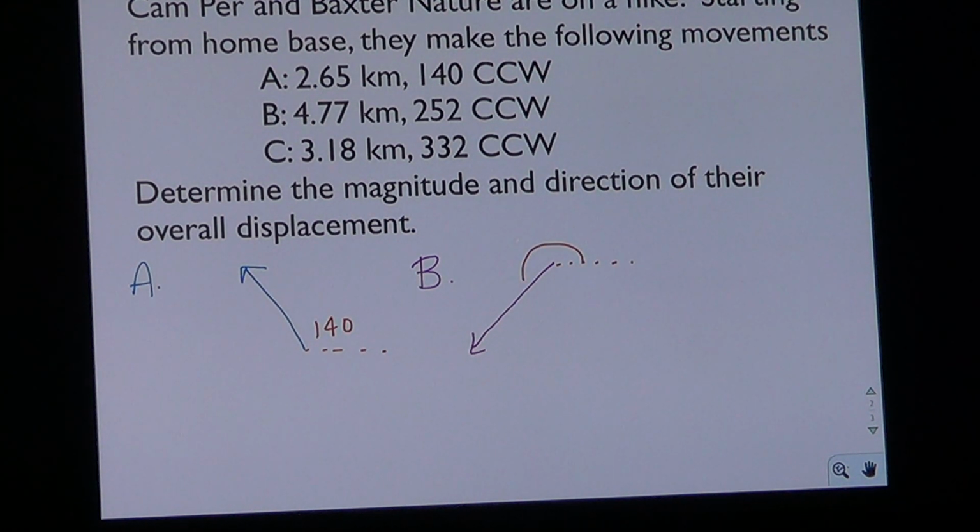And then we have C, 332, so that's going to be going to the east and to the south, southeast, since it's between 270 and 360.